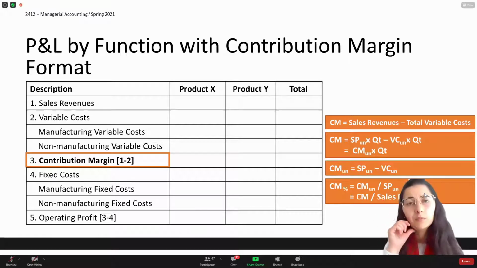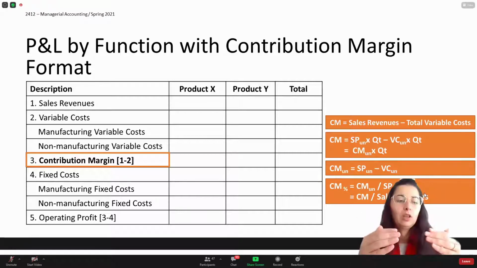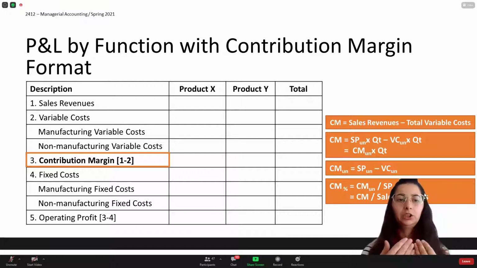For instance, nowadays, with this pandemic and companies having to close down the stores, managers had to make decisions very quickly, looking only at the short term. And in the short term, what they can manage is the variable costs, because the fixed costs in the short term are fixed. There's no way around that.